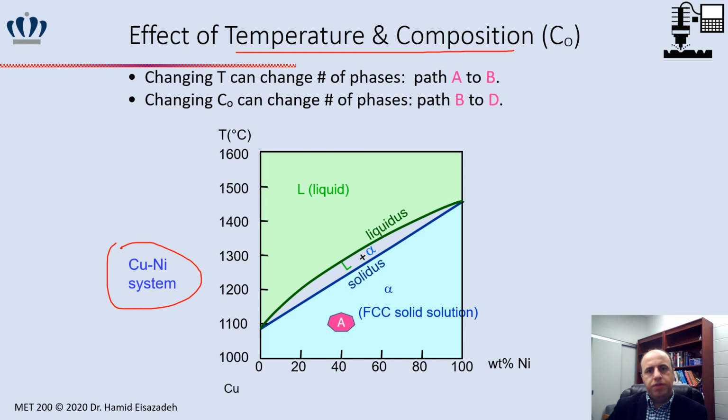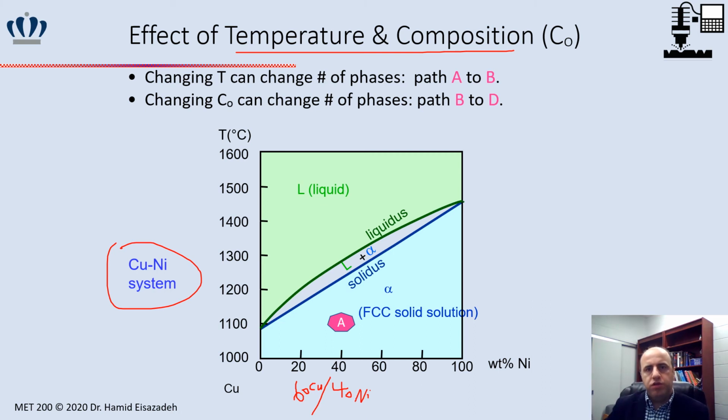Here, if we are at 40% nickel, it means you have 60% copper, right? So the sum of these two numbers has to be 100%.